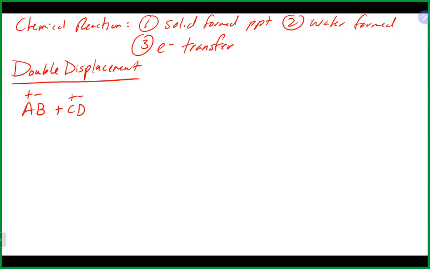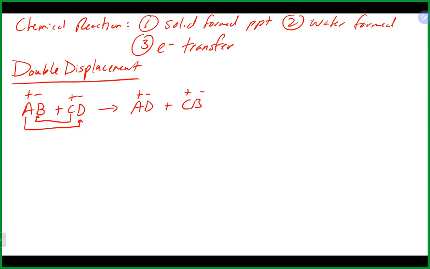So this positive guy here ends up with the negative guy there. That positive guy there ends up with the negative guy there. And you actually make 2 new ionic compounds on the other end. And that is your classic double displacement reaction. We have a switch of the 2 positive cations that make 2 new ionic compounds.